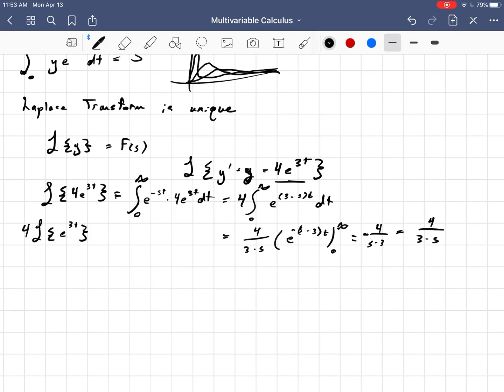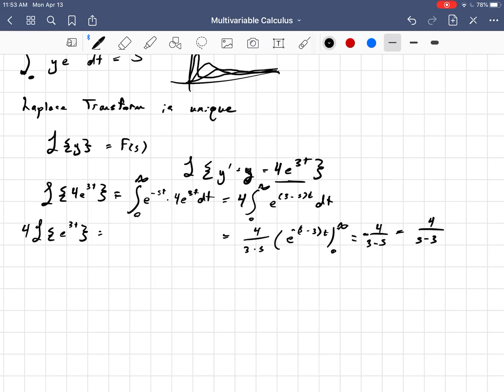And that's pretty nice. I flipped it here, my bad. It was 3 over s, and then I don't know why I wrote it. I was thinking ahead. So now we flip it, and now we get s minus 3.